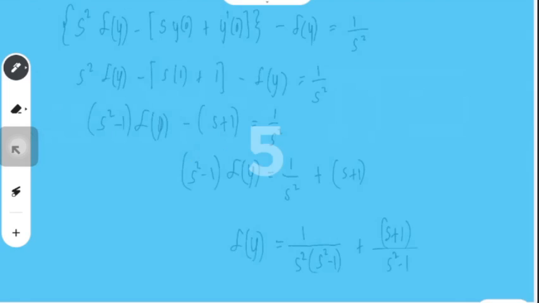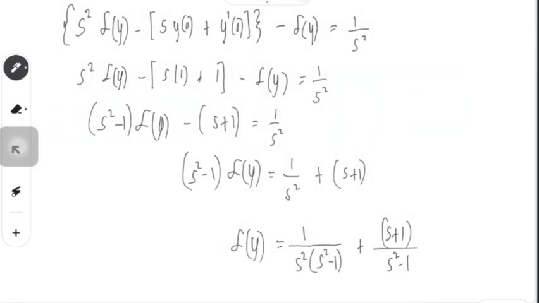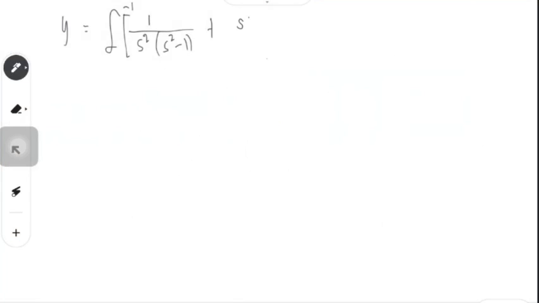Okay? Then, plus, you have here the quantity s plus 1, s squared minus 1. Meron na ba tayong ganyan na standard form? Simplify natin. Tingnan natin.